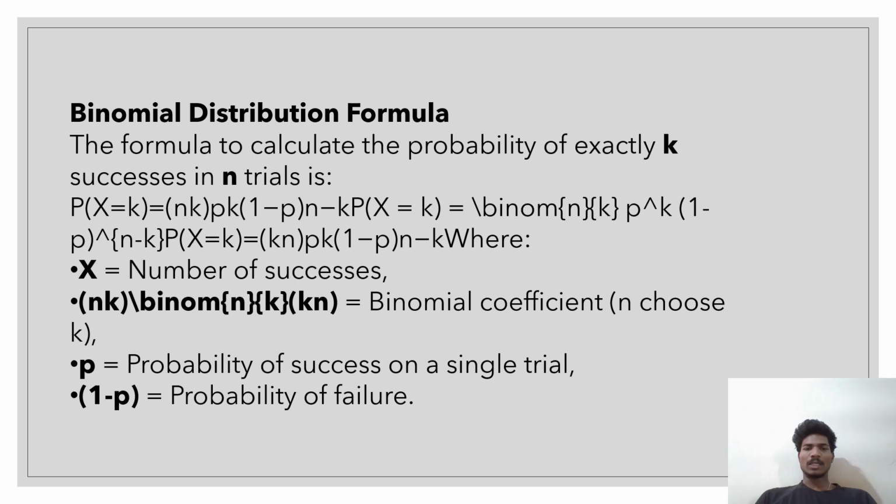P means probability of success on a single trial, so 1 minus P means probability of a failure.